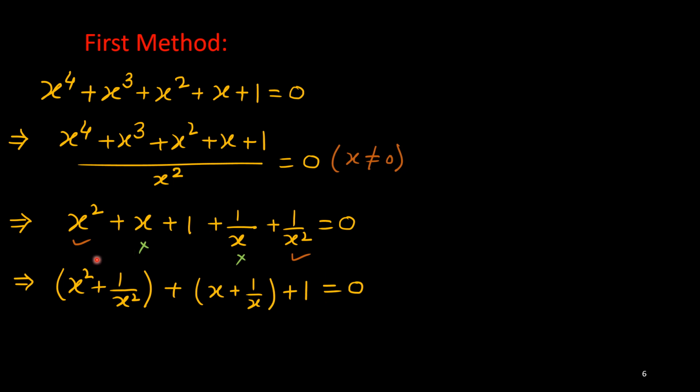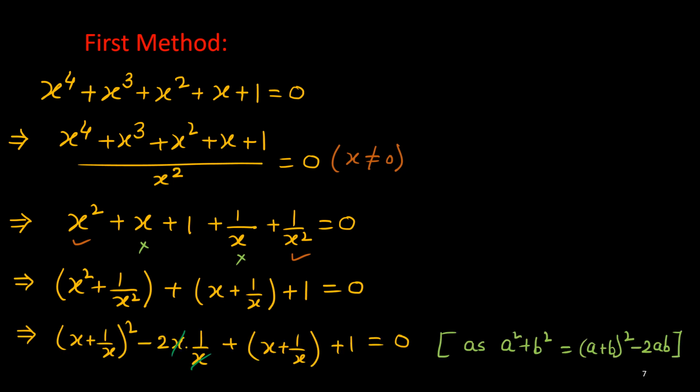Now I want to get a second order equation of this form, using the square of this one. So this x square plus 1 upon x square I want to replace by the square of x plus 1 upon x. This is of the form a square plus b square, and a square plus b square we can replace by a plus b whole square, minus 2ab.